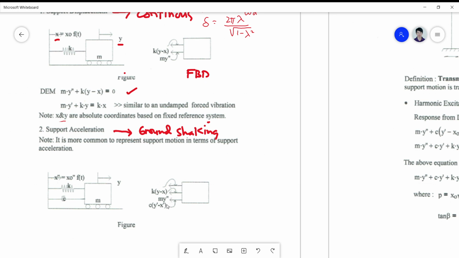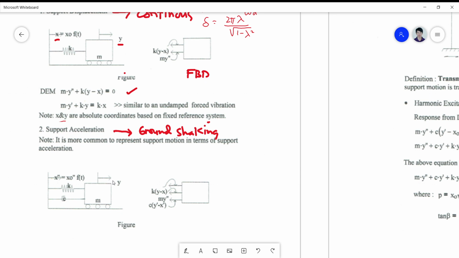Okay, and if we add damping, the spring and the dashpot here will be related to both the y and x coordinates in terms of a relative coordinate. So y is relative to x and y prime is also relative to x prime, but your mass is still dependent only on the y coordinate variable as shown in this model or system.